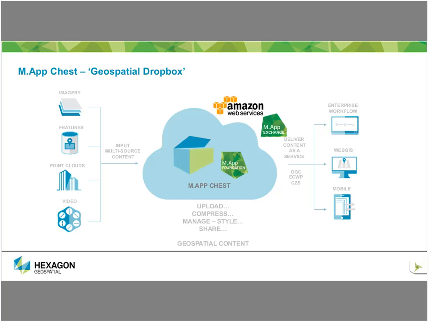MapChest you can think of a little like a geospatial Dropbox. It accepts multi-source input from imagery, feature data, flat file feature data, point clouds, video data, as well as other business documents, spreadsheets, Word documents, PDF, and so on. All able to be uploaded into the cloud, indexed, metadata described, and so on, and then made available to an audience of users, internal, external, as a service.